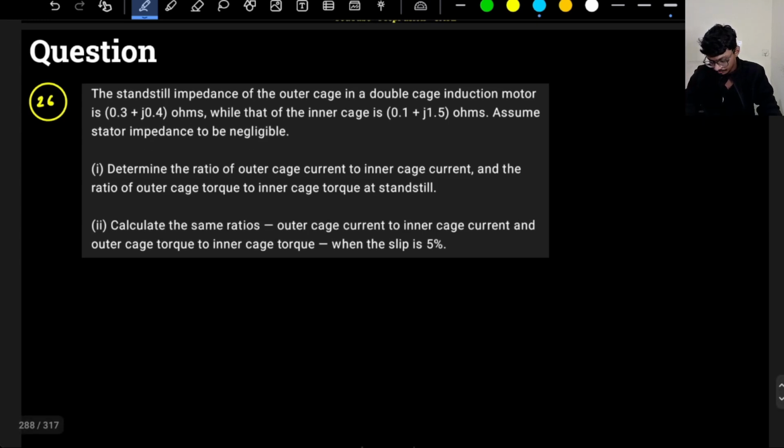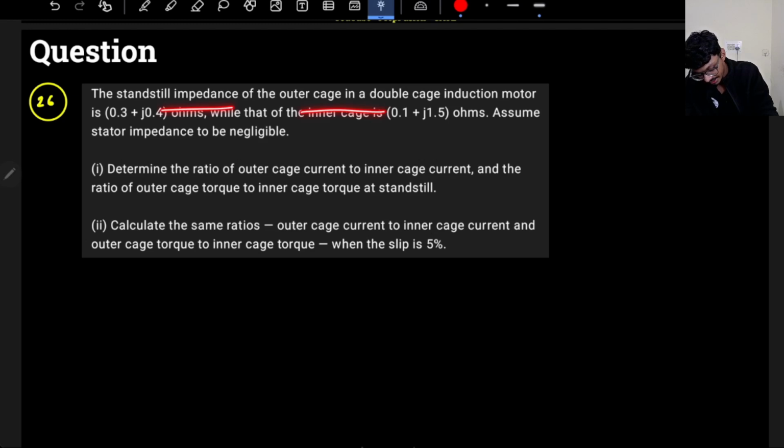Okay, so one question is given: the standstill impedance of the outer cage in a double cage is this. Standstill means when my slip is 1, because the rotor is not moving.